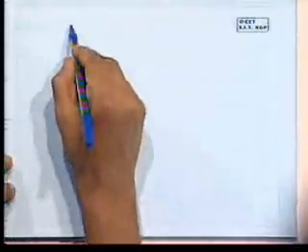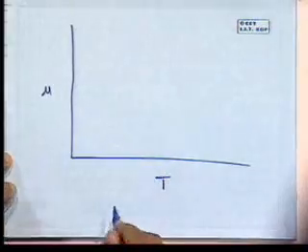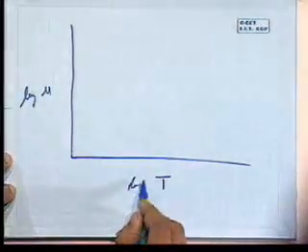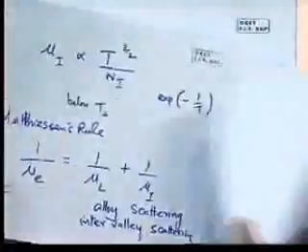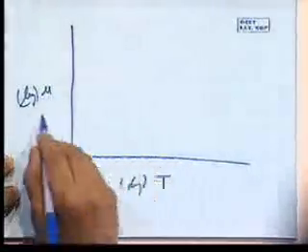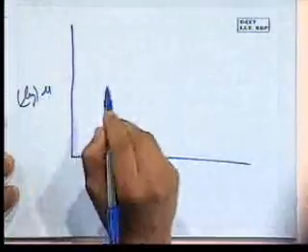And when we do that and we plot mu versus T, we'll take a log-log plot, basically log mu versus log T. If we plot for each of those cases, one has a T to the power minus 3/2 dependence.